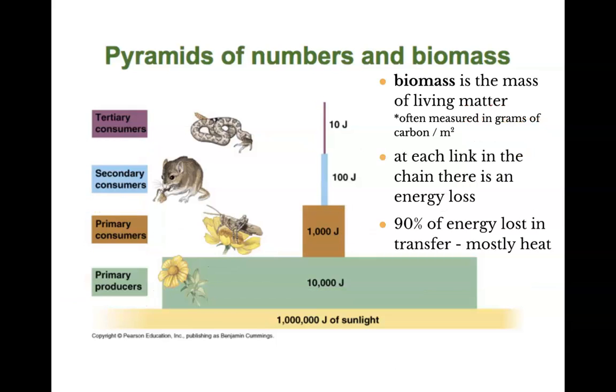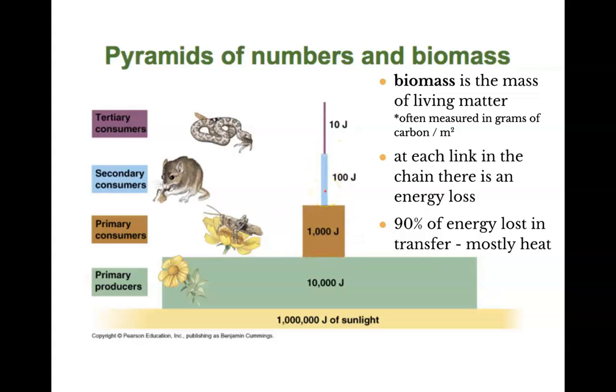So speaking of, I kept saying, okay, represented by the green area, represented by the brown area. I'm actually talking about something called biomass. Biomass is the mass of living matter. So if I get the biomass of my producers here, all the autotrophs, it's going to be this much, about the green bar, versus the biomass of all the primary consumers, versus the biomass of all the secondary consumers, and so forth.